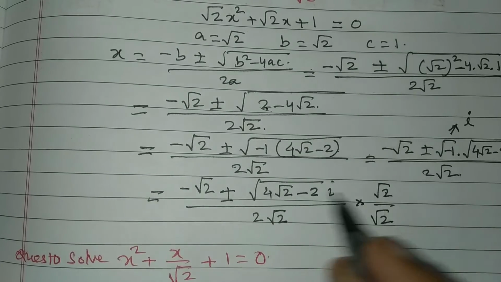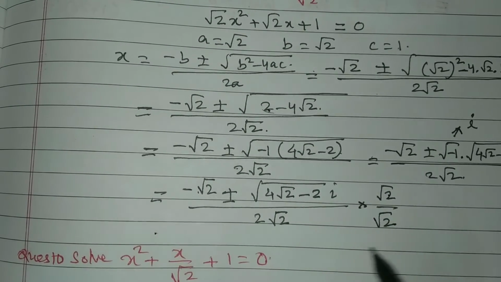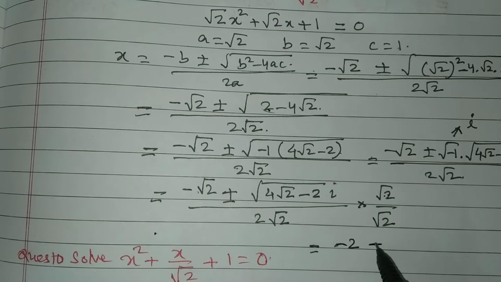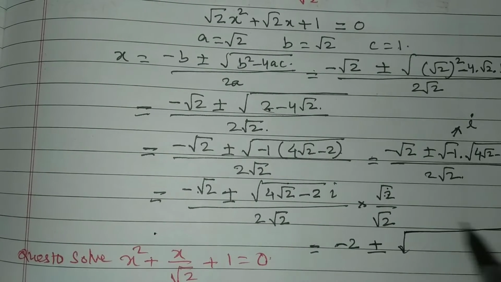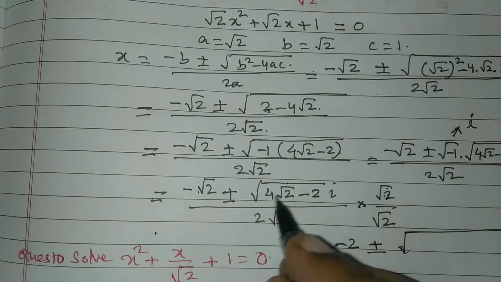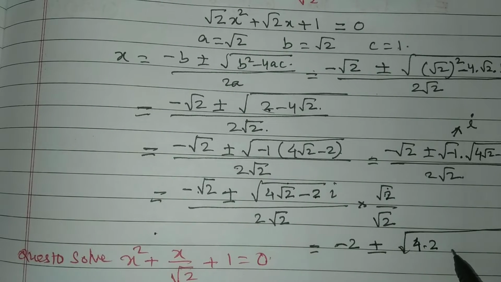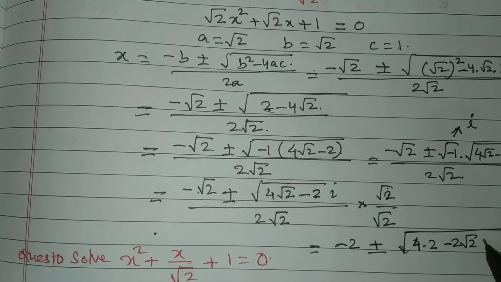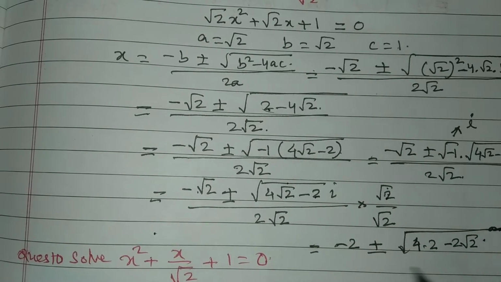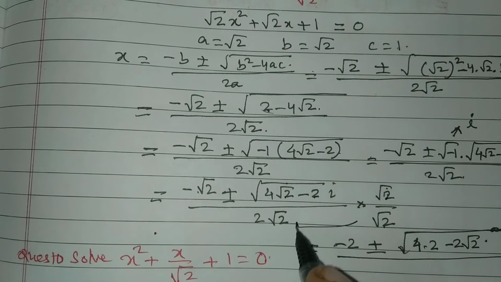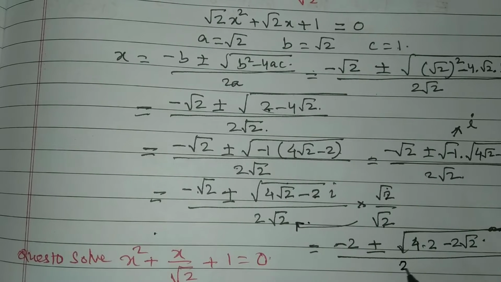So we can rationalize also by multiplying the numerator and denominator by root 2. So root 2 into root 2 minus 2, and then plus minus, this root 2 root 2 inside the bracket will multiply. So 2 root 2 into root 2 is 4, and this is multiplied with this, so minus 2 root 2, and i is outside the square root, divided by this root 2 into root 2, so 2 and 2 into 2.